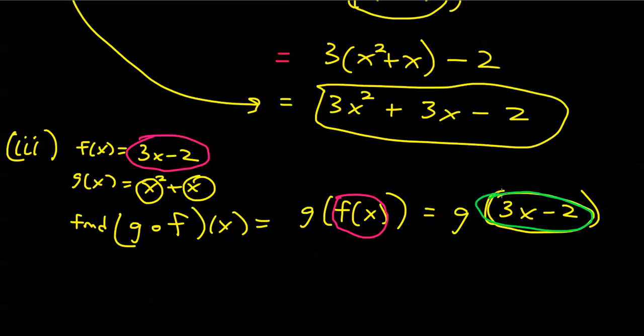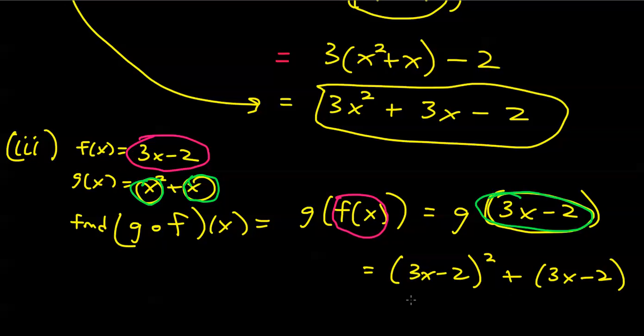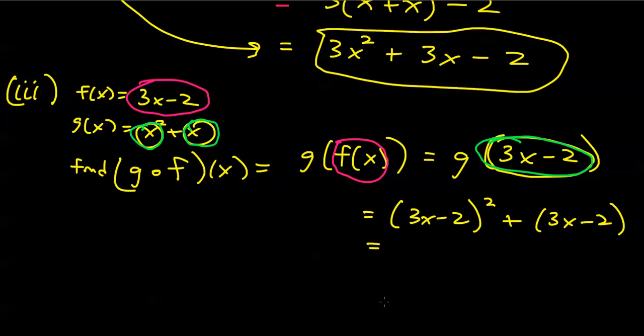I take 3x minus 2 and I plug it in for x everywhere I see it in the g of x statement. Alright, so that's going to be 3x minus 2 squared plus 3x minus 2, and I'll wrap those in parentheses, hopefully to make it a little clearer.